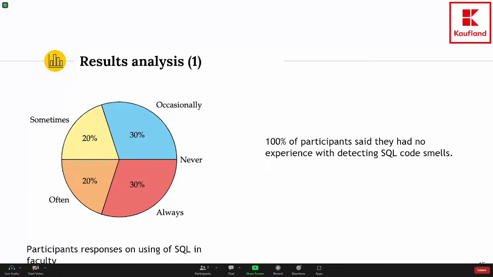Okay, the results show that all participants had experience using SQL, but they don't have experience with detecting SQL code smells. Some of them mentioned that they don't consider implicit columns as a code smell, but this can mean that they don't understand the concept or they consider that it's fine to select all columns.